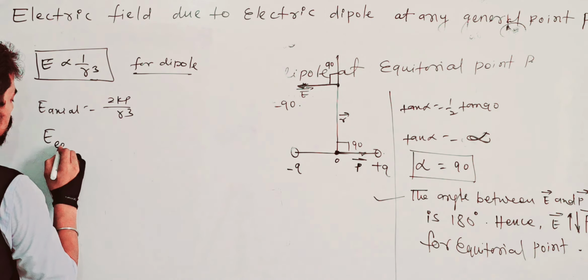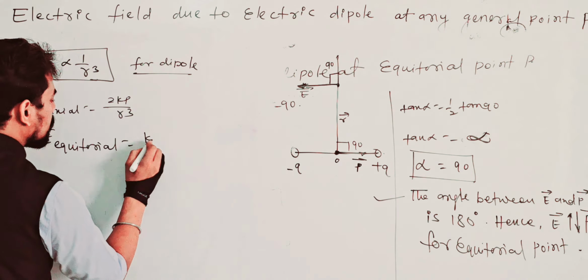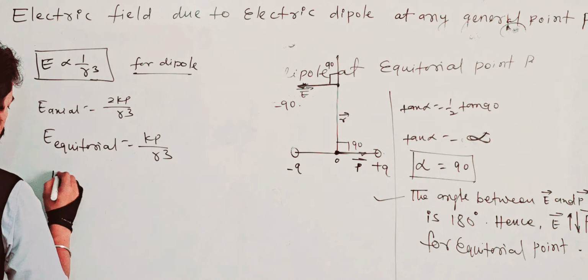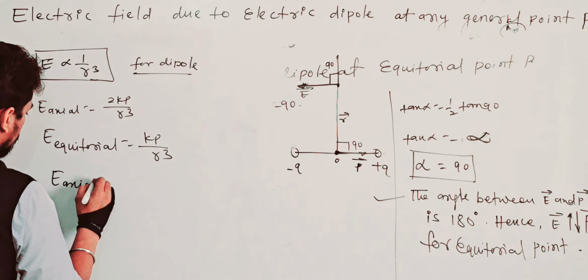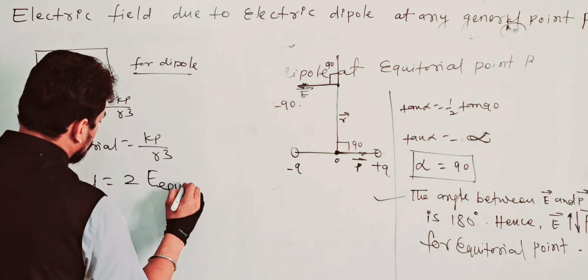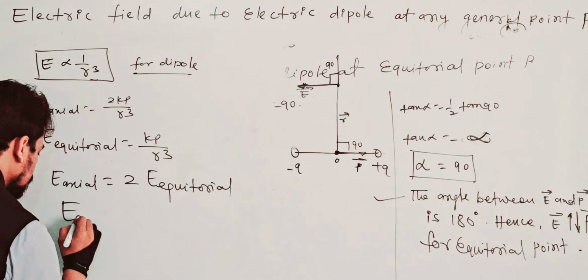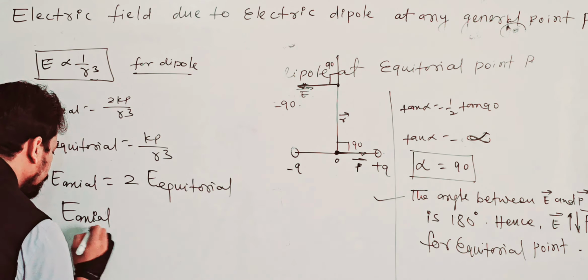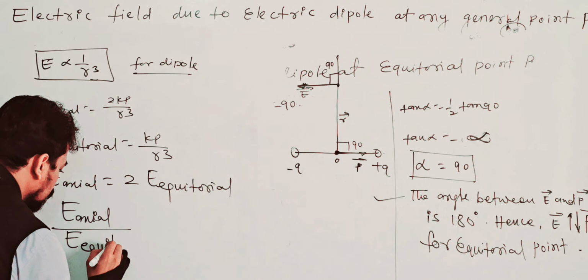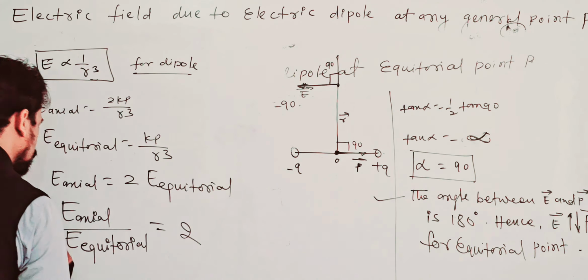E equatorial is kp by r cube. It means E axial equals 2 times E equatorial. It means E axial by E equatorial equals what? 2.